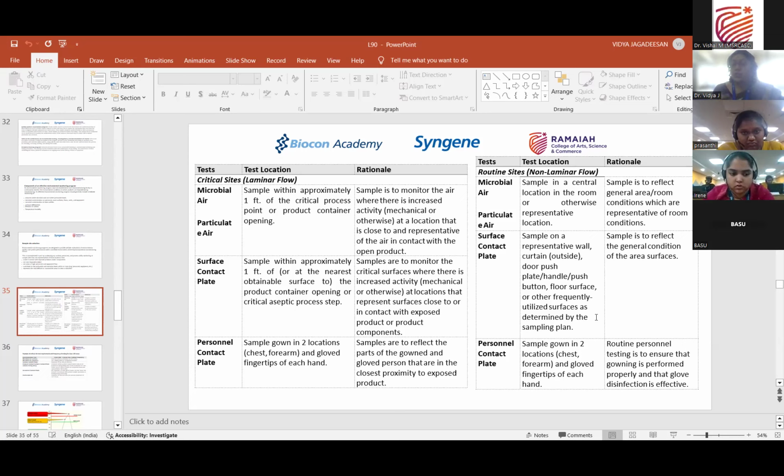Supposing contamination can happen two ways. One, without knowing, you are carrying the contamination. You yourself might not know. If you are having some kind of an infection or a flu, you have a lot of microorganisms in your body. Obviously, you're going to contribute to the contamination. So do not go there.